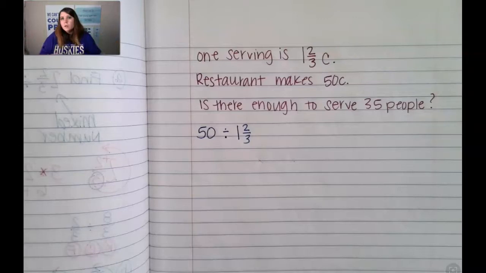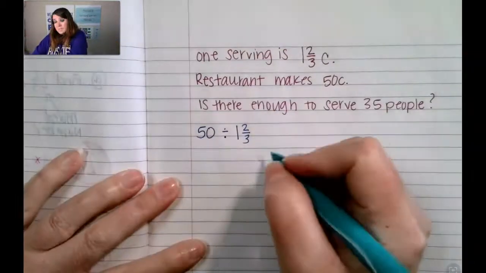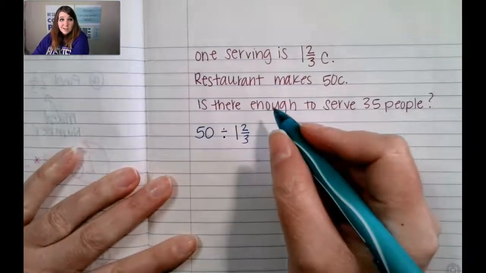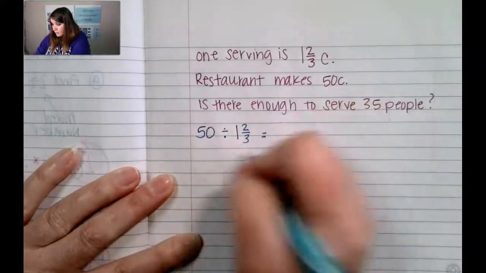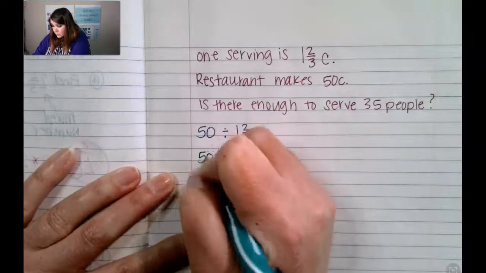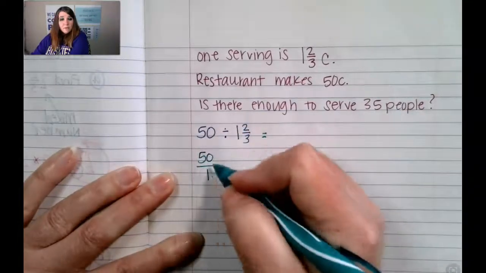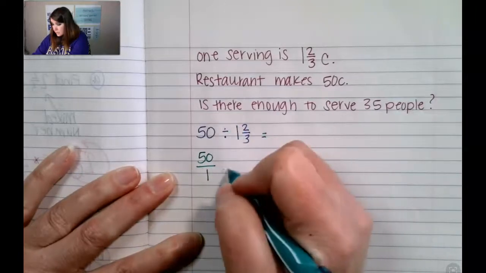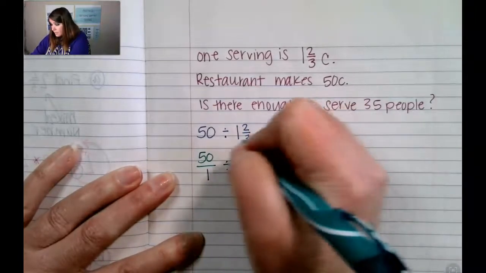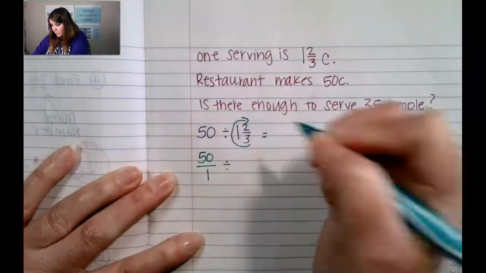So what we need to do is make a fraction and a fraction. This 50 is just going to be 50 with a 1 underneath it because we have 50 whole servings, right? So 50 over 1 whole servings. Divided by, this is the one we need to worry about right here.